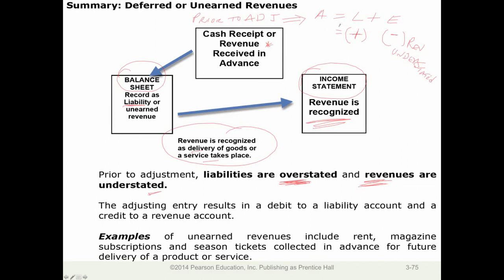So again, making use of the accounting equation to understand what's going on here. You have too much of a liability, not enough revenue, so when you make the adjustment, you actually make that correction, and you will show the correct amount of the liability on the balance sheet and the correct amount of revenue on the income statement.